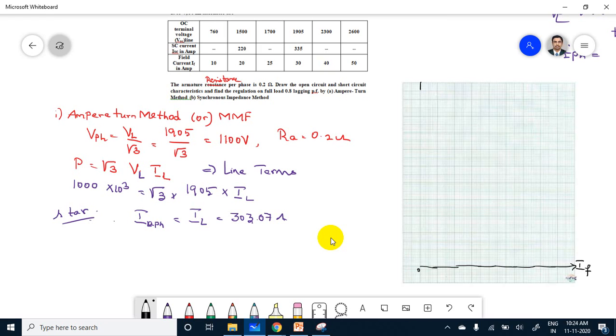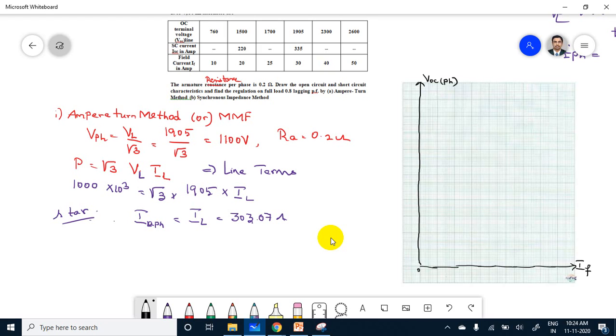The x-axis will be the field current and the y-axis will be the open circuit voltage, VOC per phase.